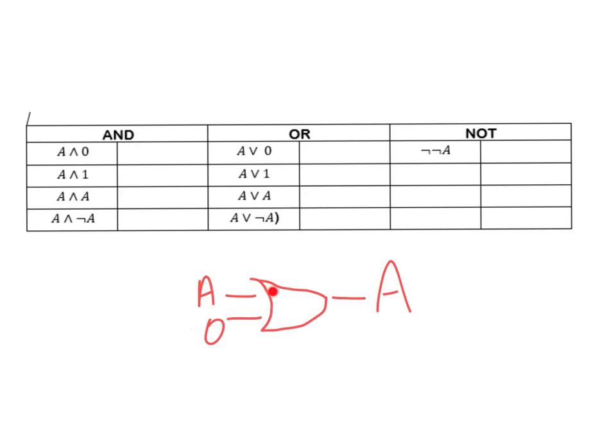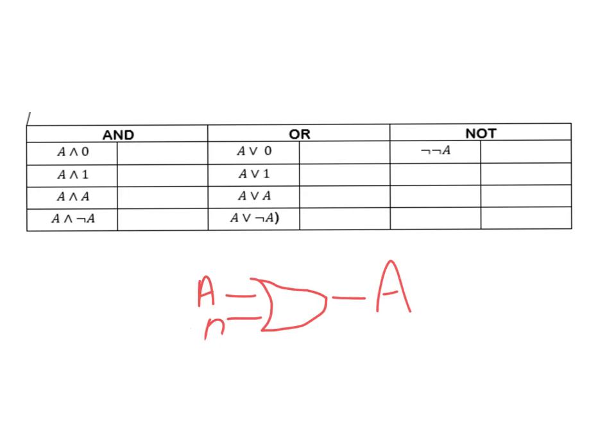But A could do. If A is 1, being an OR gate, 1 and 0 will produce 1. A and 0 will produce whatever A is.